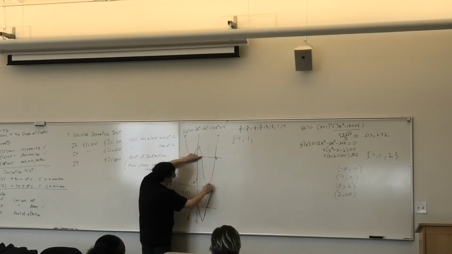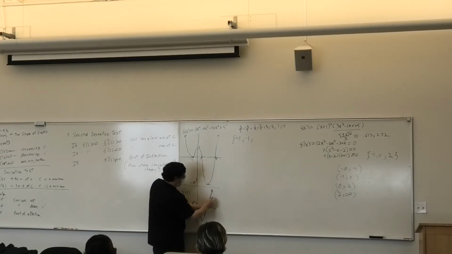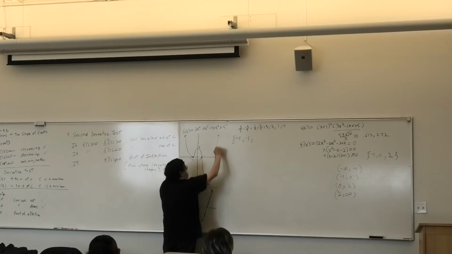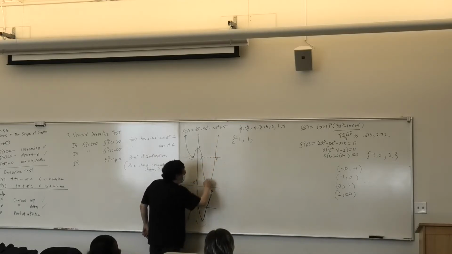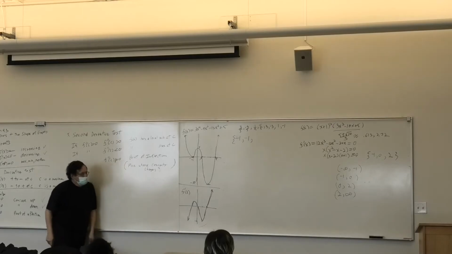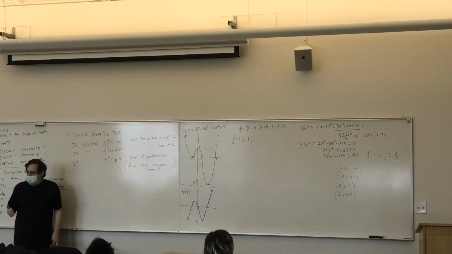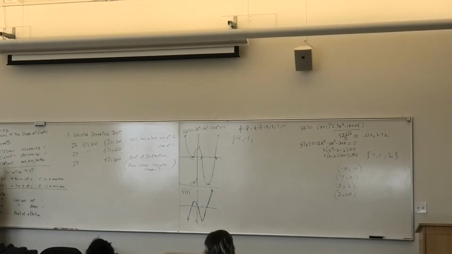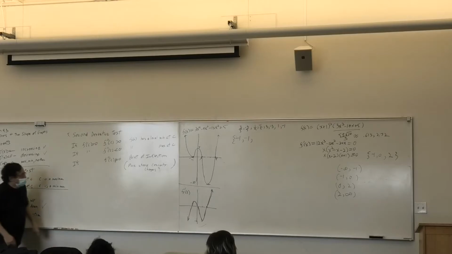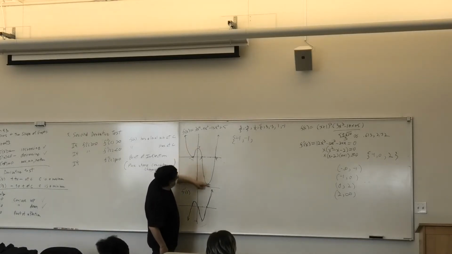From here down to 2, the derivative is negative, so it's decreasing. And from 2 on, the derivative is positive, so it's increasing. So we're seeing the same pattern, right? We could pick a bunch of points and show that this is a minimum, this is a max, and this is a minimum.